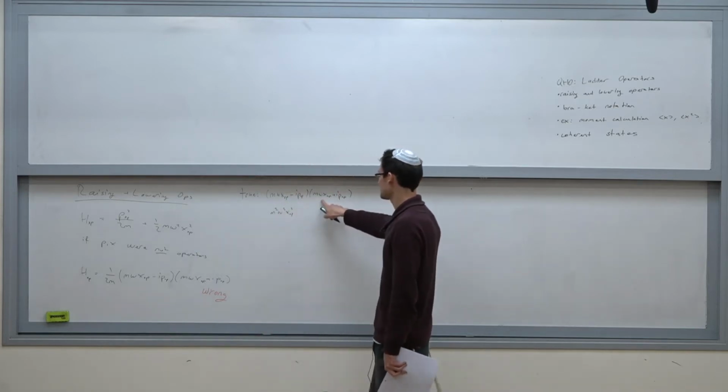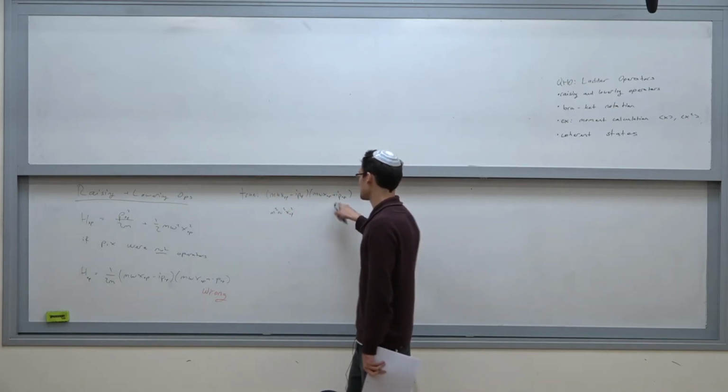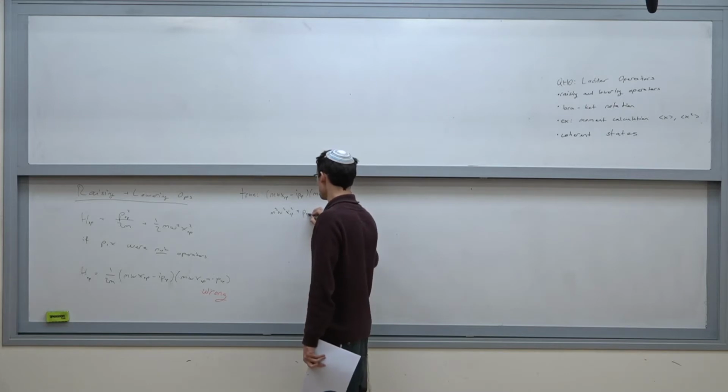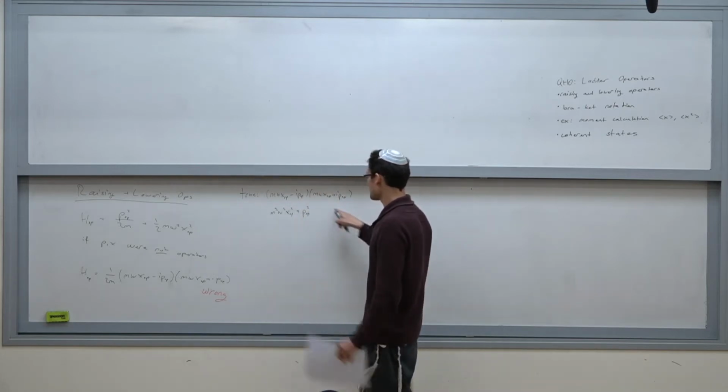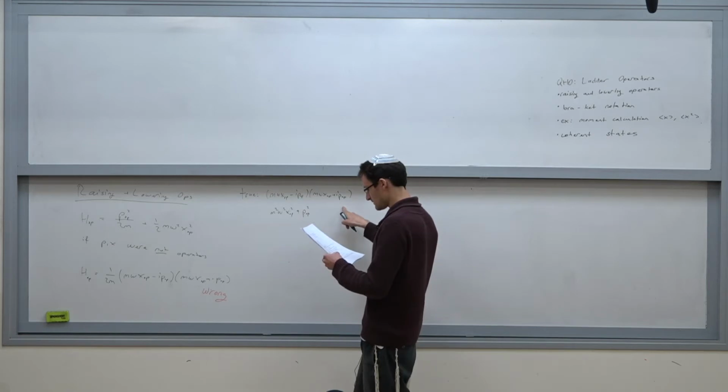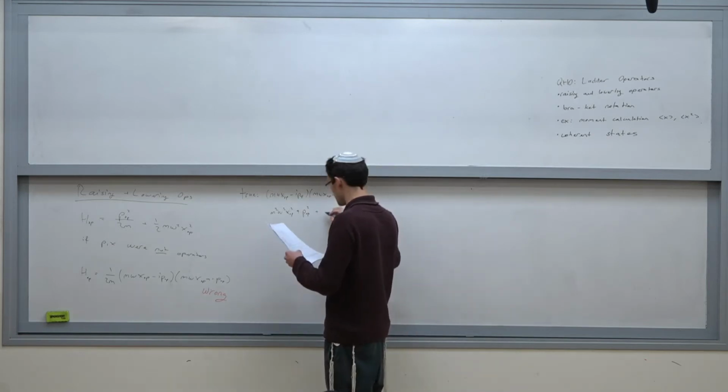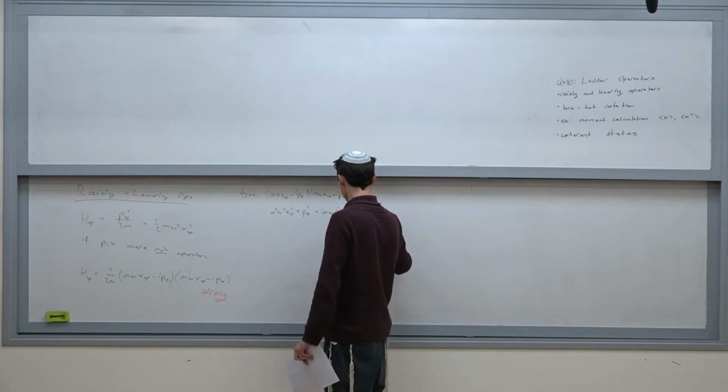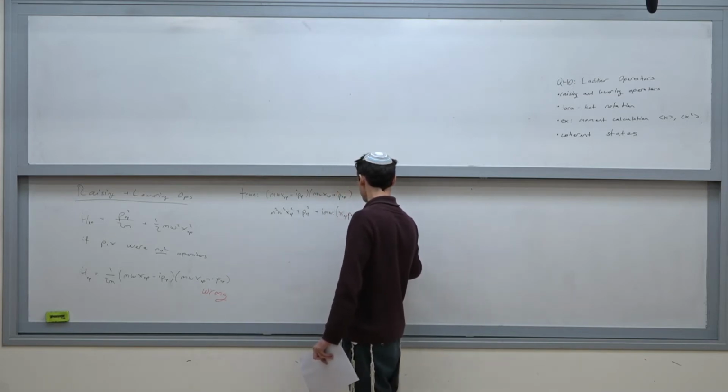That's this times this. Then the second one times the second one is the p squared. And then the remaining 2 terms actually do not cancel. What you get is xp minus px.